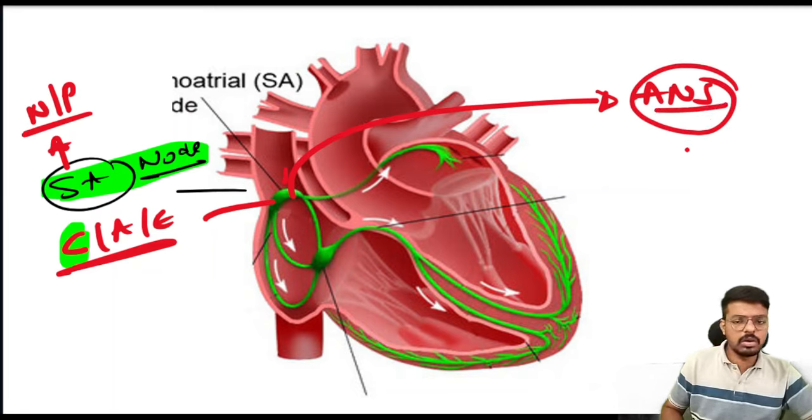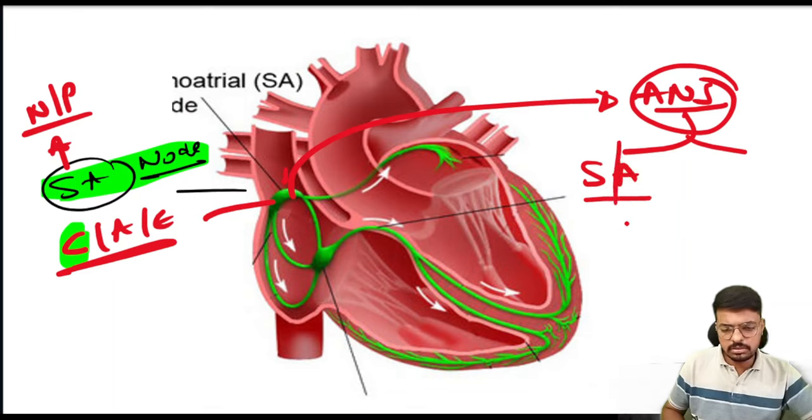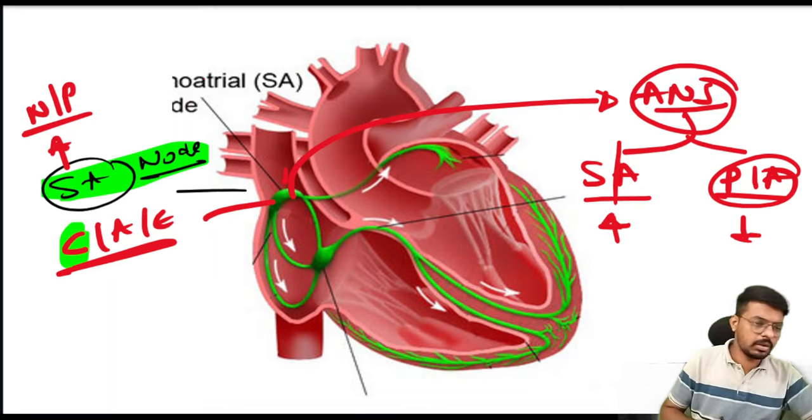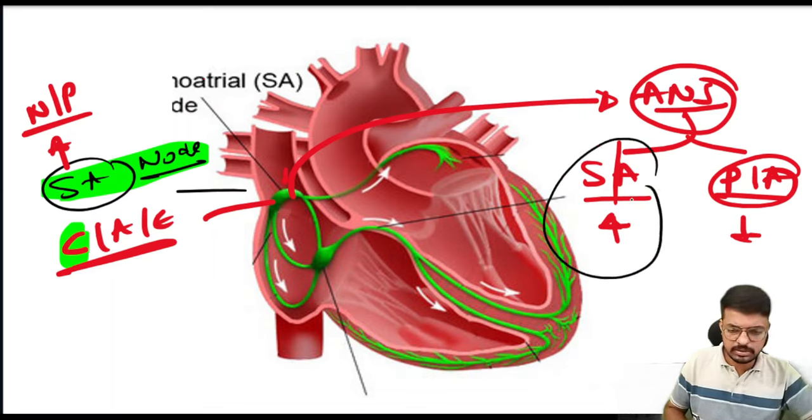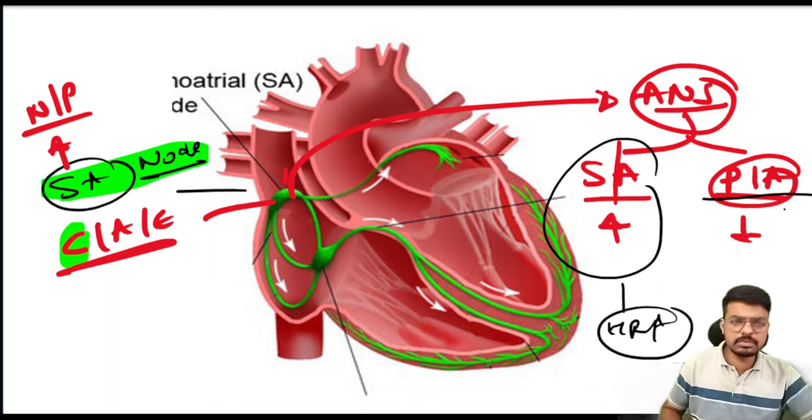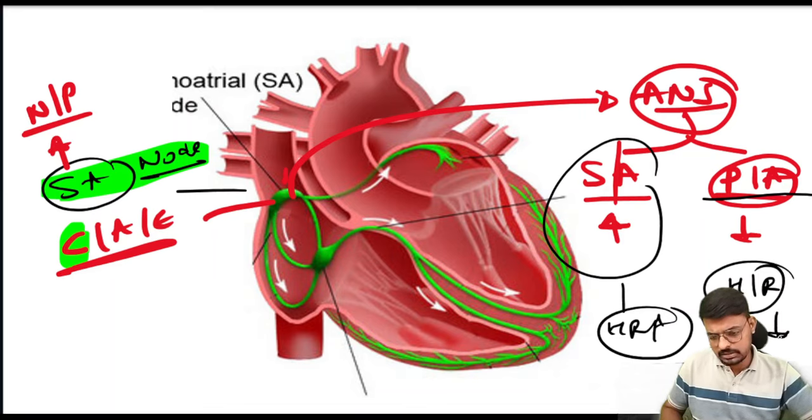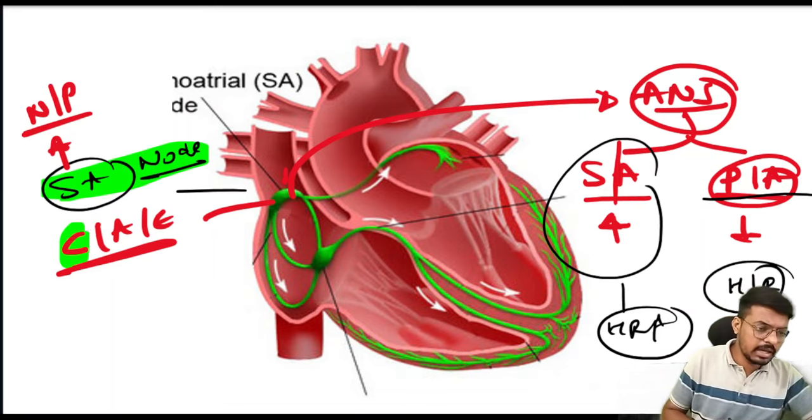If sympathetic activity is there, the impulse generation increases, and if parasympathetic activity is there, the impulse generation decreases. So with sympathetic activity the heart rate increases, and with parasympathetic activity the heart rate decreases. This is how the SA node works, very importantly under the autonomic nervous system.